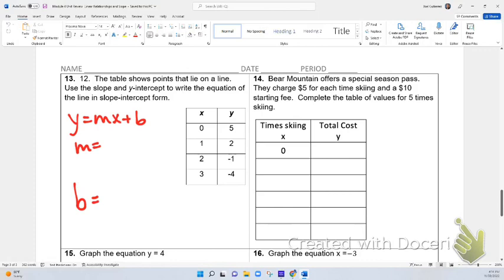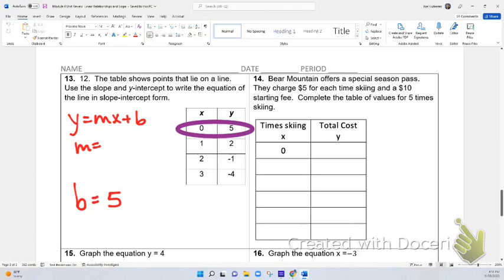It doesn't matter which one you start with. I like starting with the letter b first. So for the letter b, it's simply asking you, when x is 0, what is your y value? In this case, when x is 0, your y value is 5. So your y-intercept is 5. That is where, if we were to draw this, the line would cross the y-axis at 5.